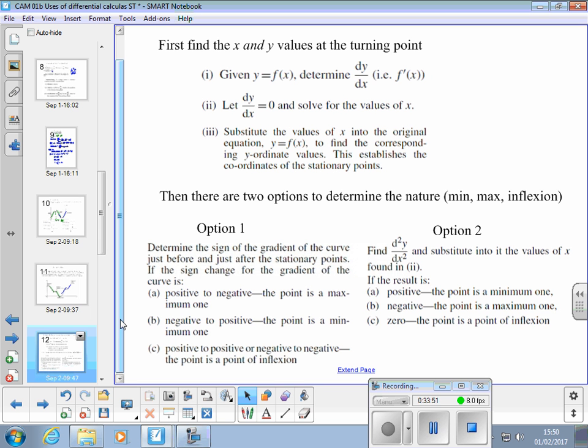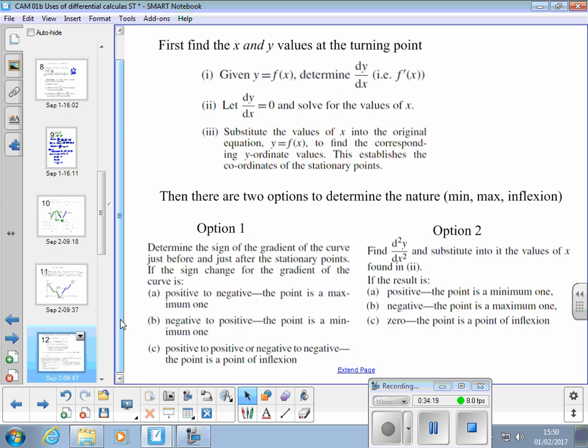If you get the graph of it, you know how far to go. If your current value of x is 0.1, you probably need 0.01 either side. And then if you go from positive to negative, you've got a maximum. Negative to positive is a minimum. Positive to positive or negative to negative is a point of inflection.